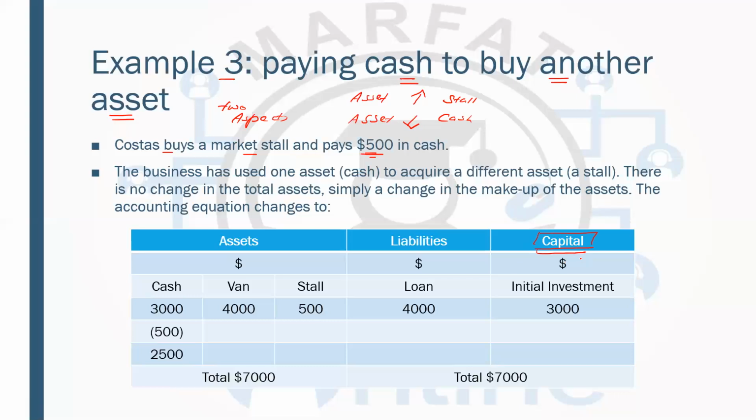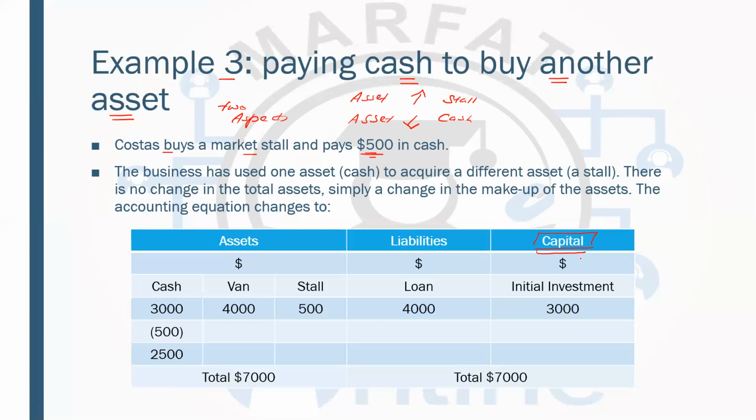Many students have confusion that when they put this transaction, they change the capital a bit. Can you see from the name itself that we are paying cash, which is existing cash, to buy another asset?